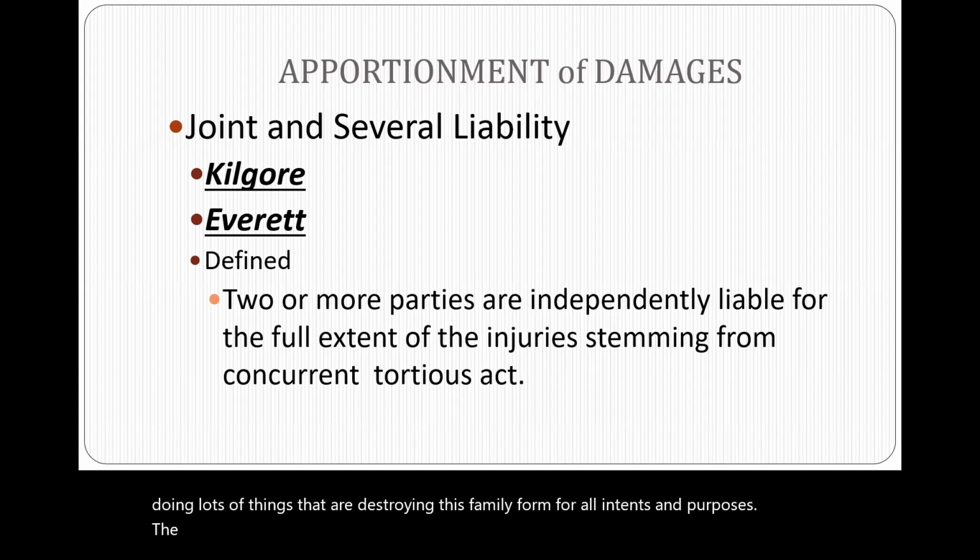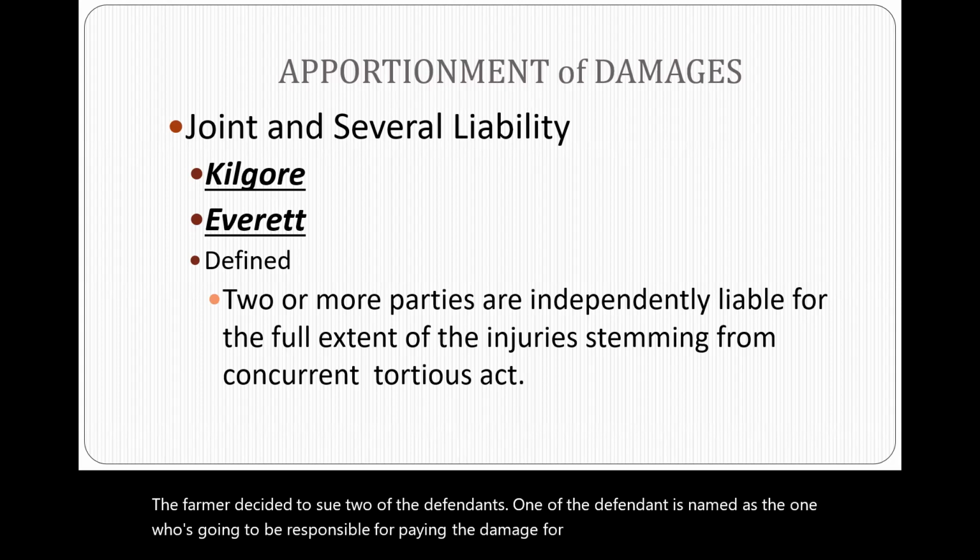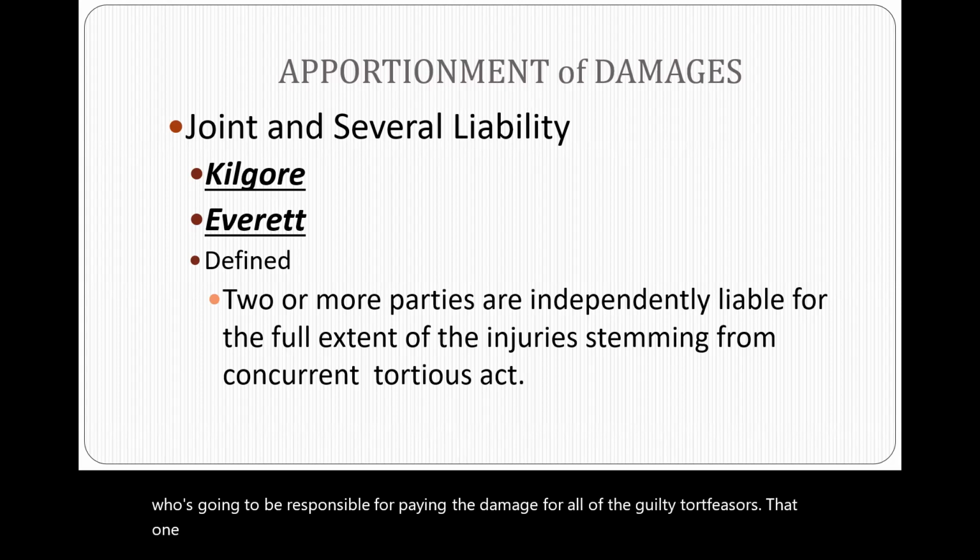The farmer decided to sue two of the defendants. One of the defendants is named as the one who's going to be responsible for paying the damage for all of the guilty tortfeasors. That one defendant who's paying said, "That's not cool." The response was, "Yeah, but that's the law."